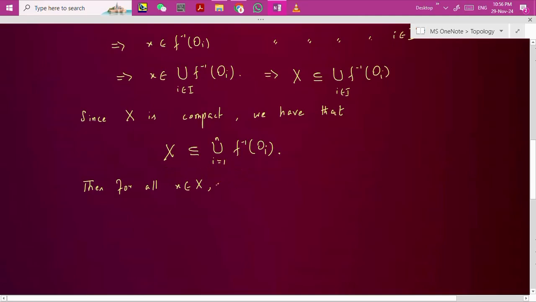So it means that for all x belongs to X, x belongs to at least one f inverse OI, for at least one I, where I is from 1 to n.